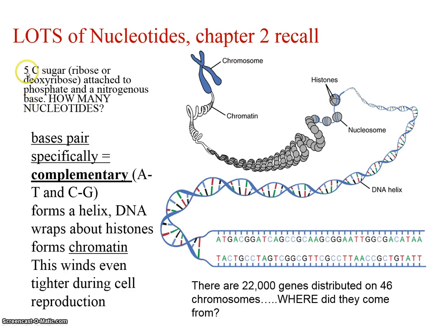So I do remind you that we have these 5 carbon pentose sugars, ribose or deoxyribose, attached to phosphates, and then that nitrogenous base: adenine, guanine, cytosine, thymine, right? There's only 4, and that's it, so you've got to make all these different genes out of just 4 singularities, if you will, right?